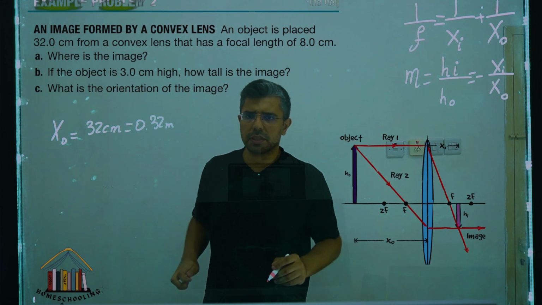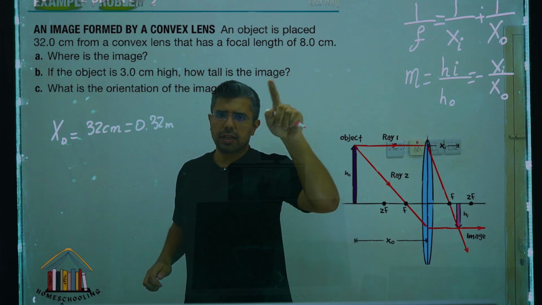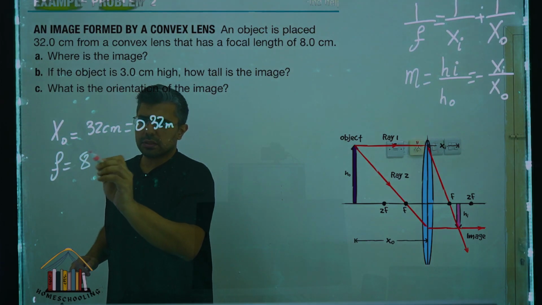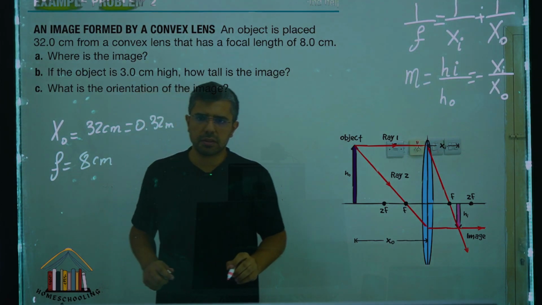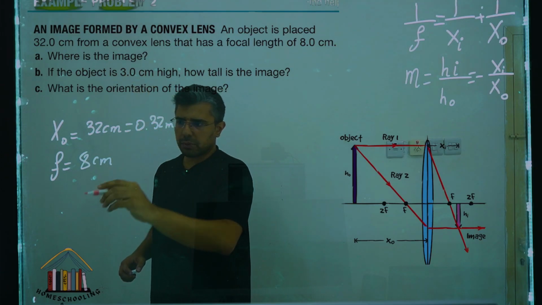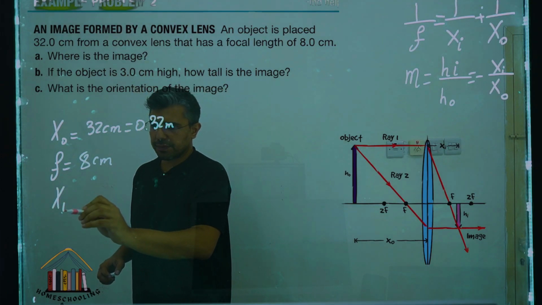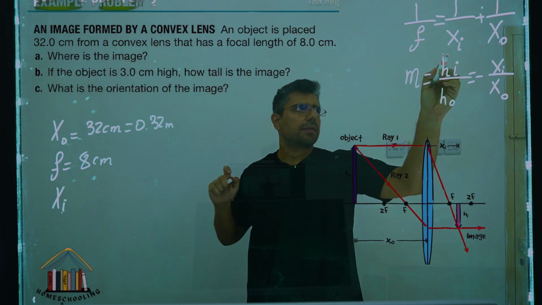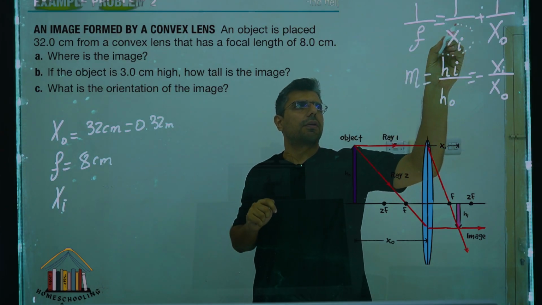That's not a problem here. It has a focal length of 8 centimeters, so F is also 8, expressed in centimeters. And the question is, where is the image? They're looking for the position of the image, XI. So let's refer back to this equation where XI is the unknown.